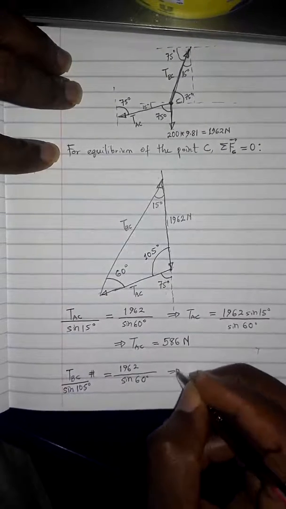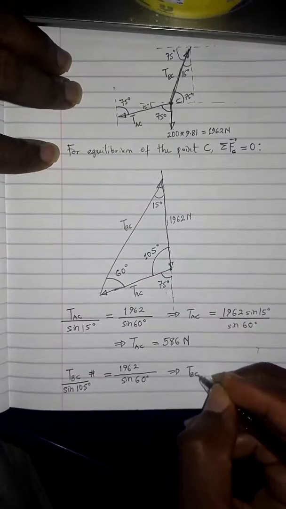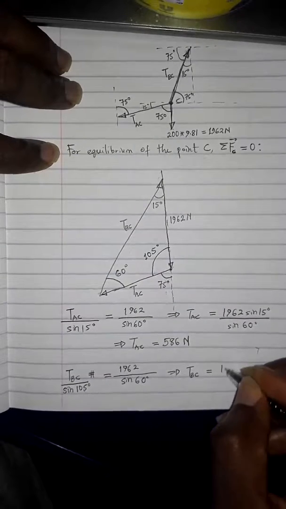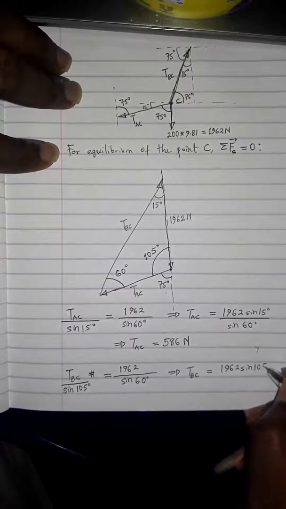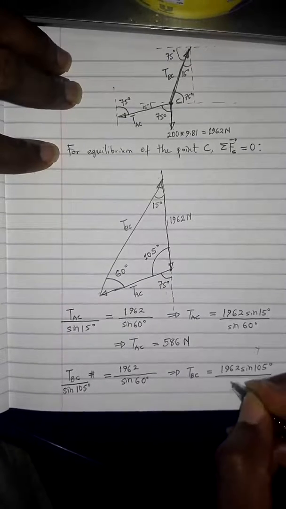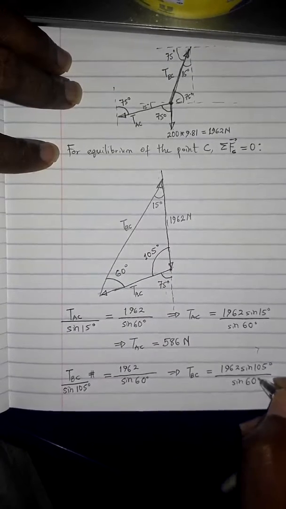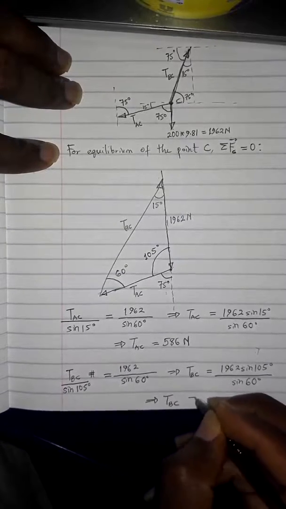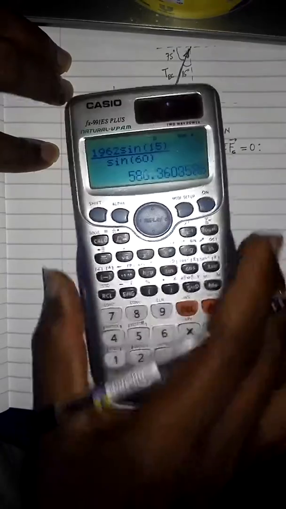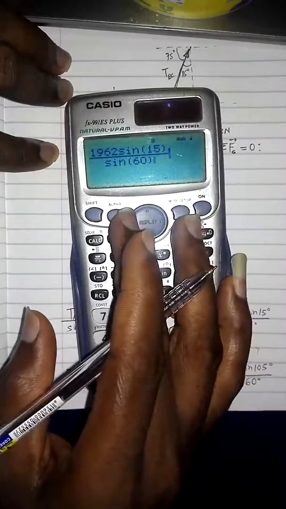So from here I'm going to have my TBC equal to 1962 sine 105 degrees divided by sine 60 degrees. So I have 1962 right here.